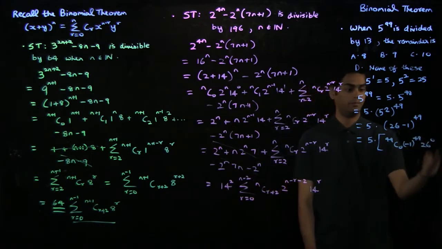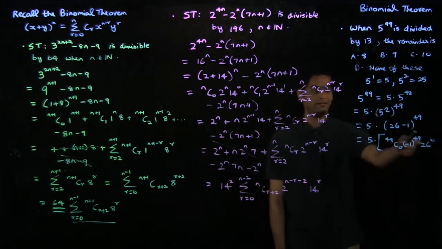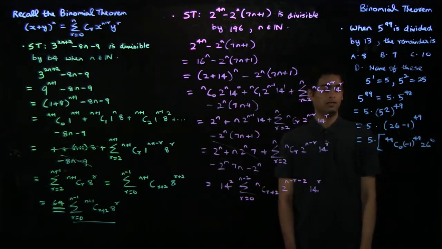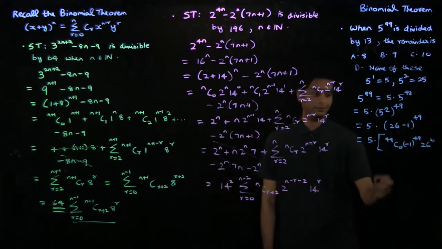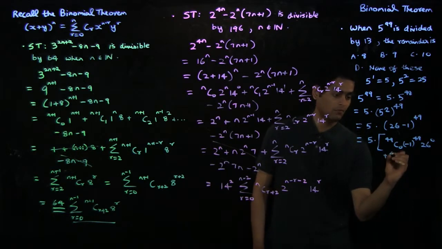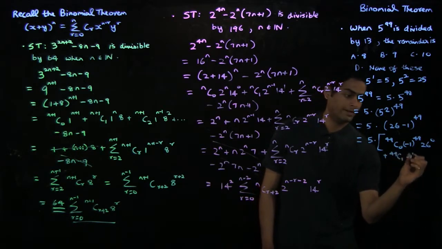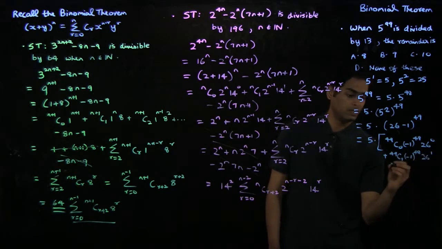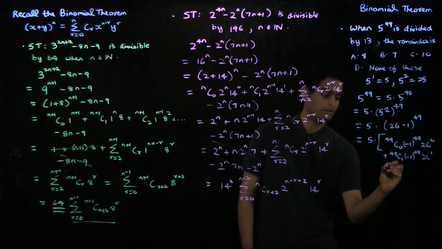So I'm starting off with minus 1 power 49 and 26 power 0, since we're only concerned with the power of 26 which is 0, since all other terms are going to be divisible by 13. And you have 49C1 times (minus 1) power 48 times 26 power 1, plus so on.